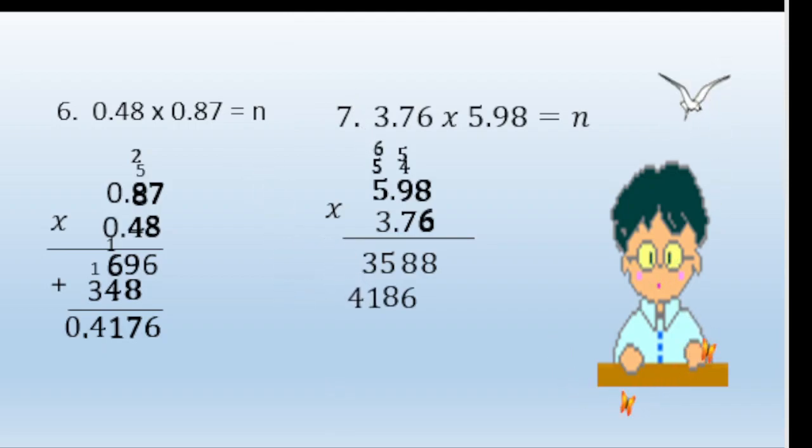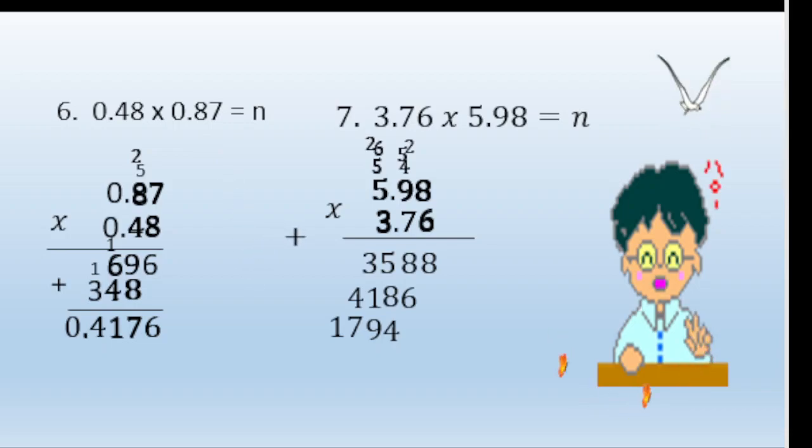Okay, so we have 3 times 8 is 24, carry 2. Then 3 times 9 is 27, plus 2 is 29, carry 2. Then 3 times 5 is 15, plus 2 is 17.